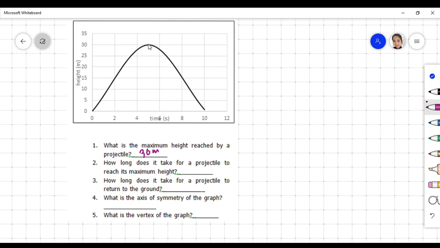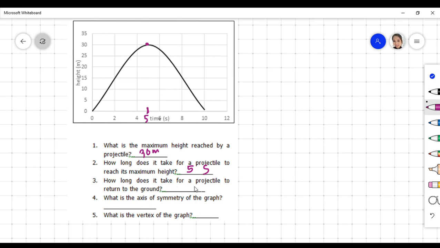Because if you notice, it's aligned to the point having the y coordinate of 30, or the height of 30 meters. Then how long does it take for a projectile to reach the maximum height? So obviously our time here is between 4 and 6, and obviously that is 5. So that's 5 seconds.